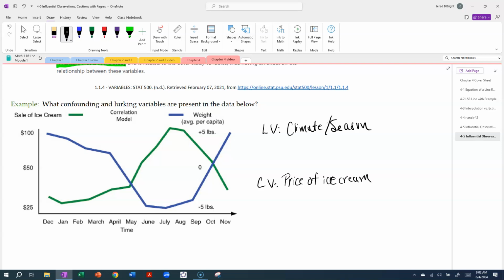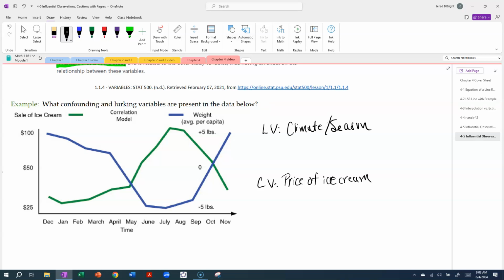Maybe in the summer months they decrease the price of ice cream to increase the sale of ice cream. I don't know, the confounding here is a bit of a stretch. That would confound the sale of ice cream variable only. It wouldn't necessarily confound the weight.